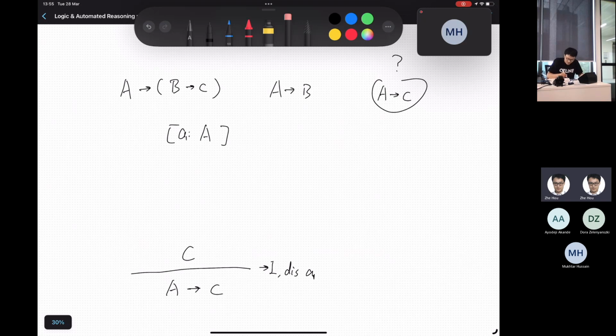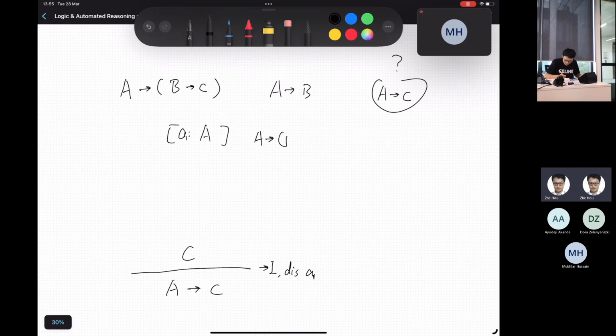We've got two implications there, and the left-hand side of both is A. So we have A, and A implies B implies C. From these two, we can derive something. That is implication elimination.